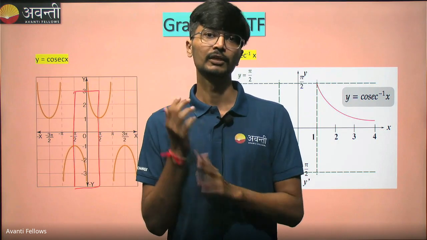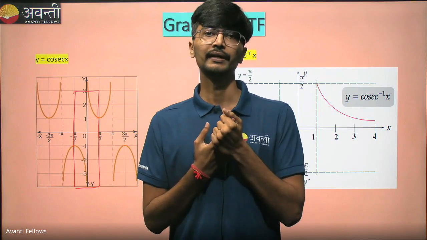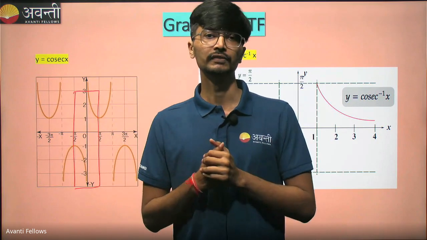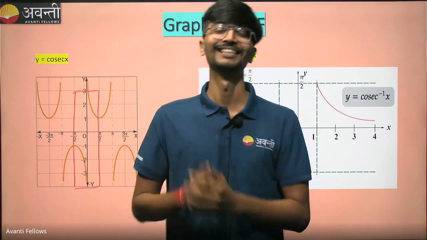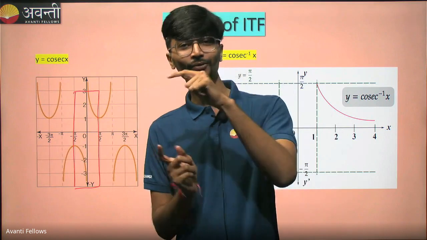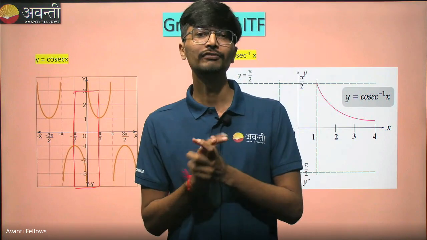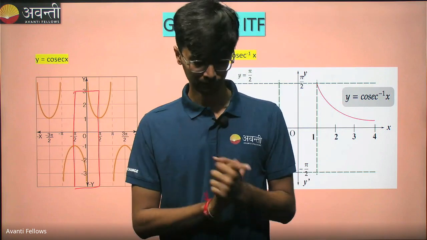And the last but not the least, the graphs. We looked at how to get the graph of an inverse function if we know the graph of the original function. Rotate 90 degrees anti-clockwise and then take the mirror image in y. You'll get the graph of the inverse. But before that, remember to restrict the domain.